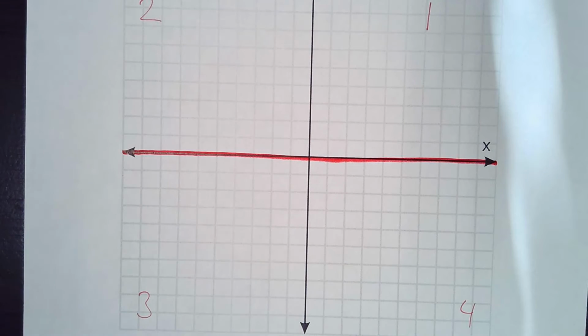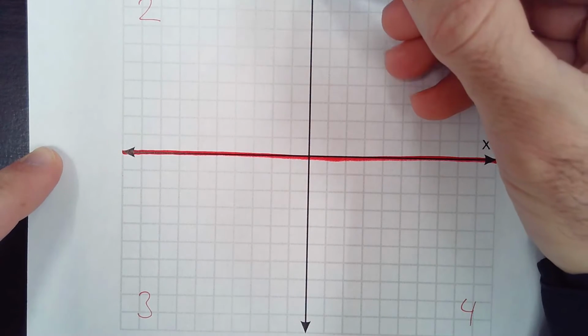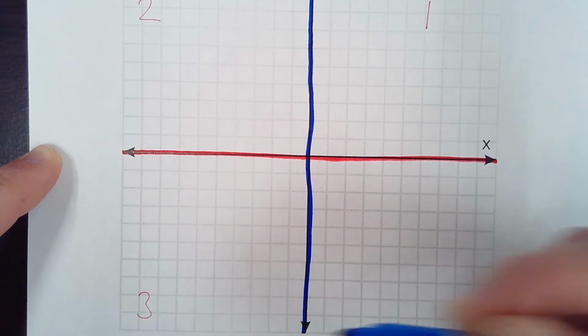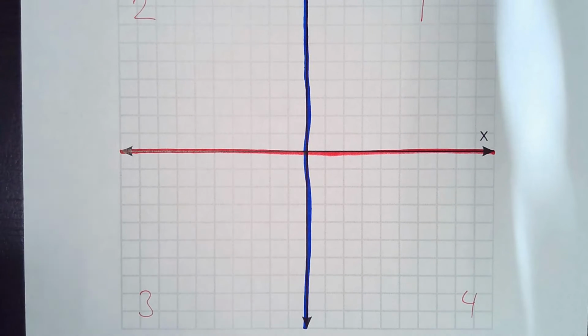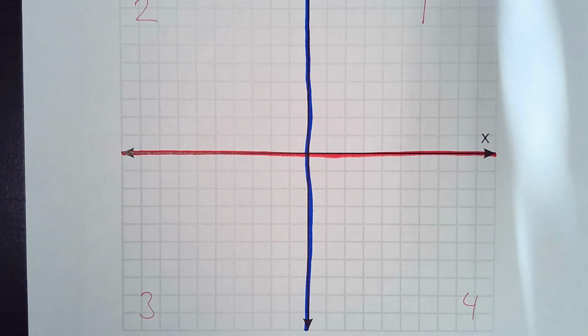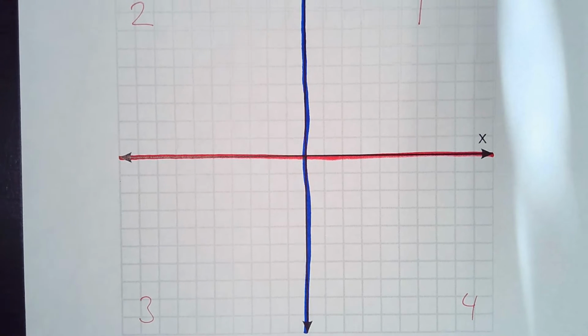There's your x-axis. It always goes side to side or horizontally like that. And in blue, we'll do the y-axis. And it always goes vertically up and down like that. That's the y-axis, x-axis.